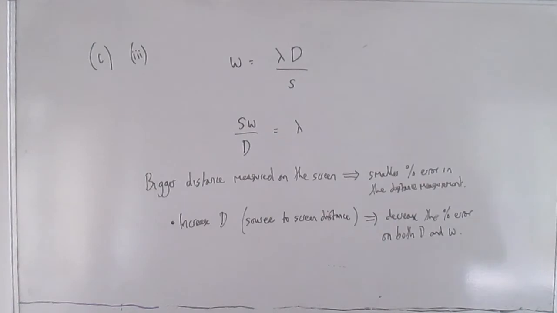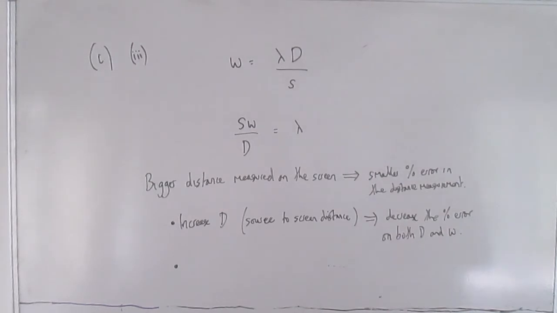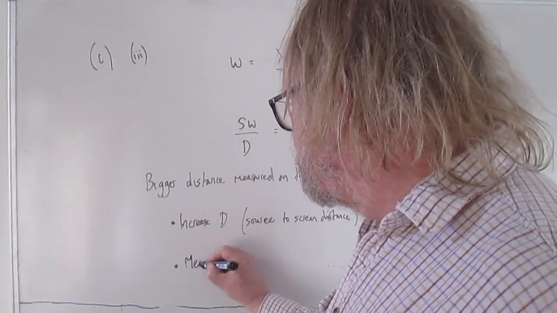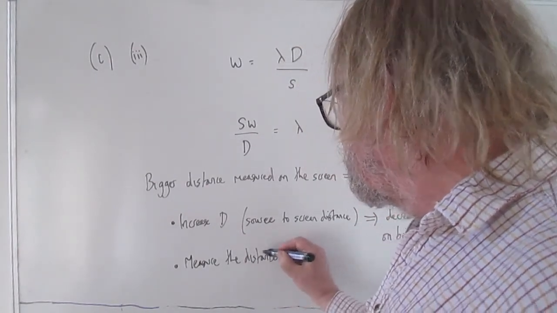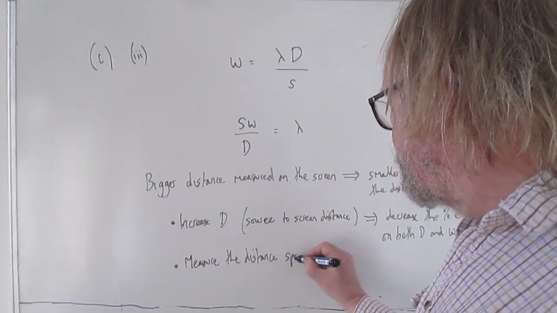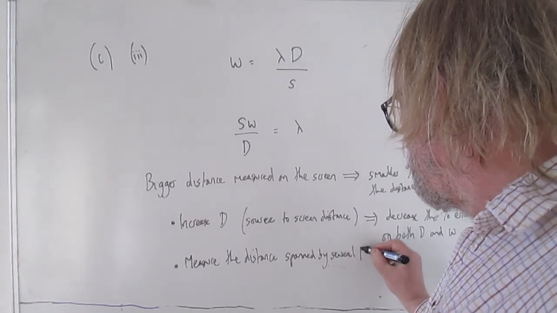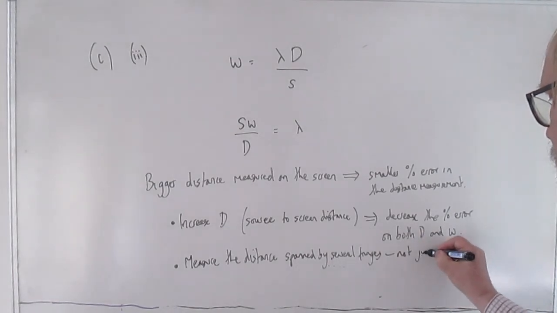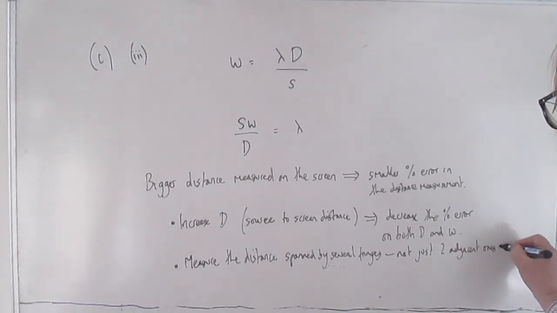The other thing you can do is to realise that you have a number of bright and dark fringes. So what you want to do is to measure the distance not just between two adjacent fringes, but spanned by several. So you need to make clear how that's going to work.